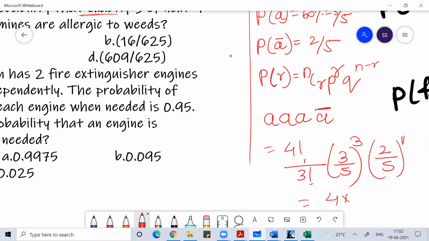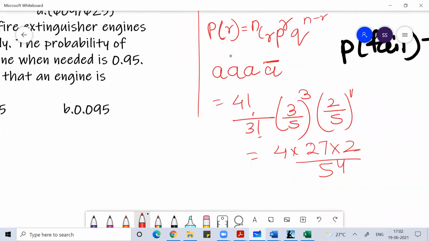And then 3 to the power 3 is 27, into 2, divided by 5 to the power 4. So 27 into 8 is 216, so 216 by 625.